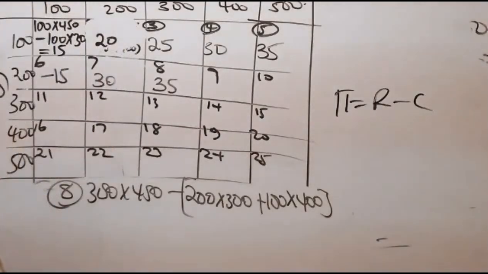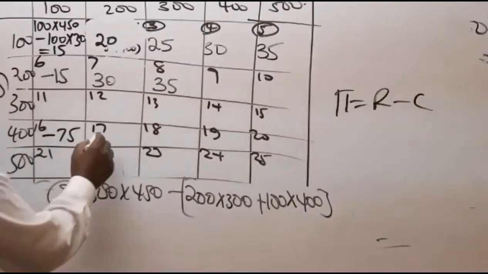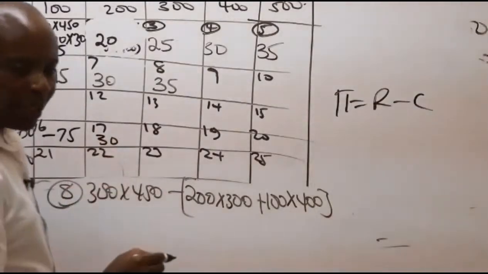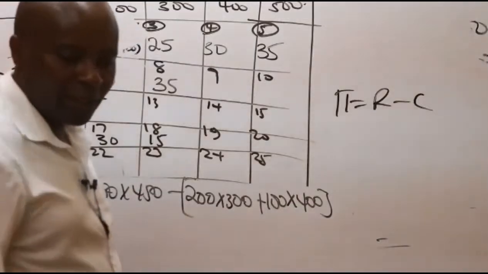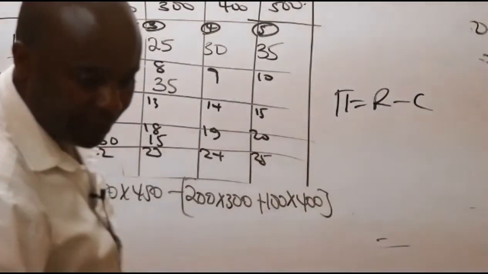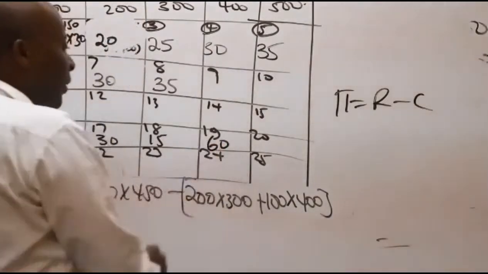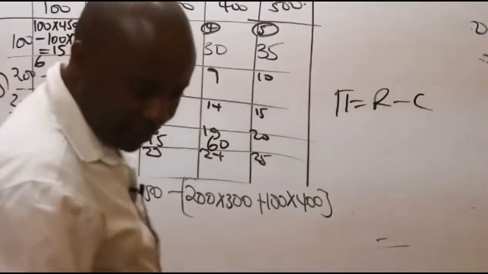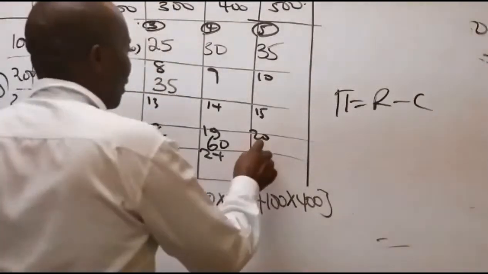Kigunda, from cell number 16, they're telling me it is negative 75, right? 17 is 30. 18 is 15. 19 is 60. 20 is 65, that is loci now.